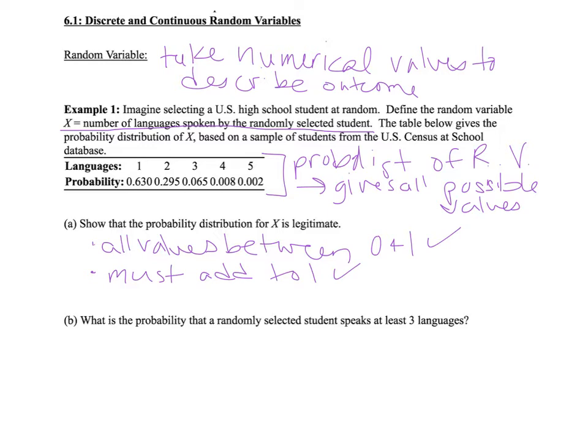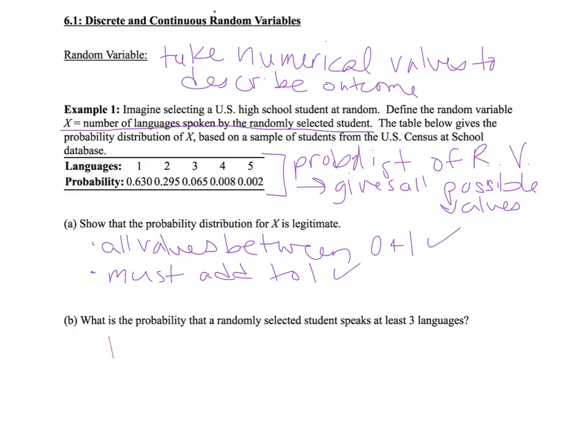Now for letter B, I'm going to ask the probability that a randomly selected student speaks at least 3 languages. You've probably seen something like this in our previous chapter. But I'm going to show you a new type of notation to write this out. For all probability things, it's a good idea to write it this way, especially on the AP test, so they can see what you're doing.